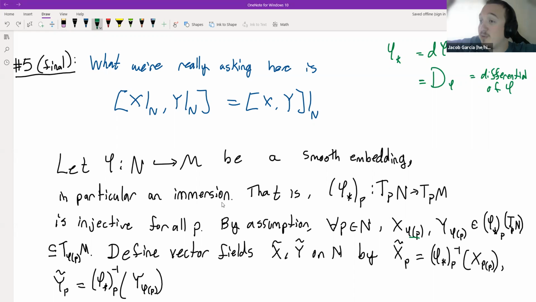Instead of thinking of N as being inside of M, I'm thinking of N as being separate from M, which was definitely very easy to understand.